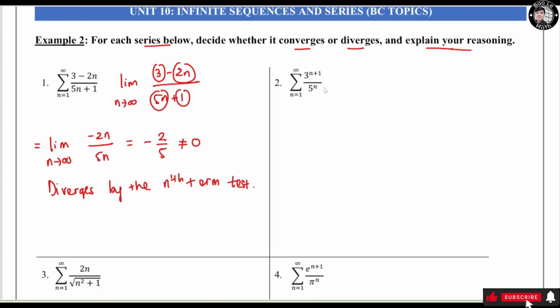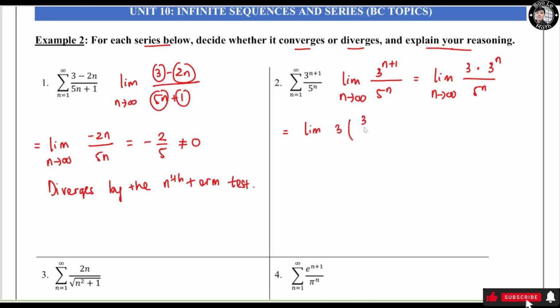Now question 2. We have the limit of 3 to the n plus 1 over 5 to the n when n approaches infinity, right? So it's going to be the limit of 3 times 3 to the n over 5 to the n, which is the limit of 3 times 3 over 5 to the n when n approaches infinity, right?